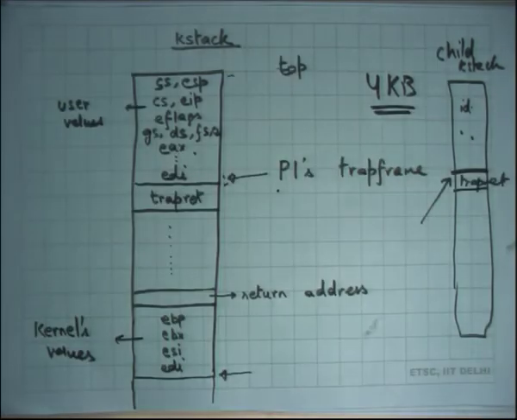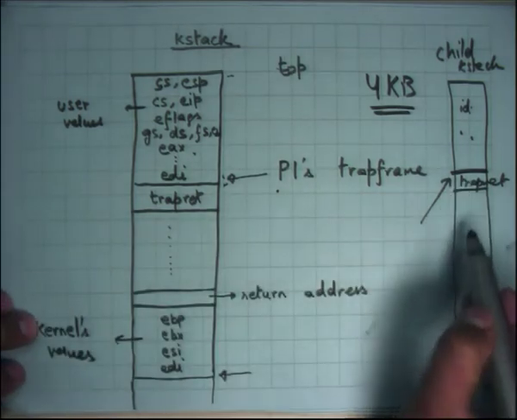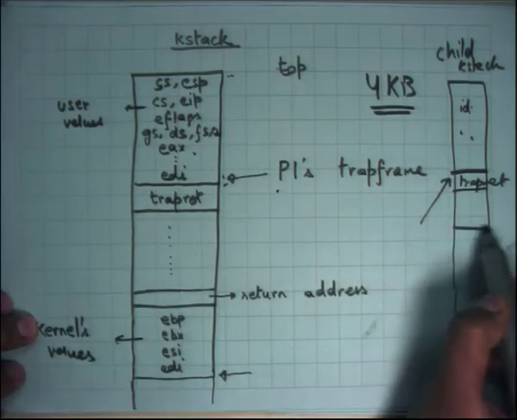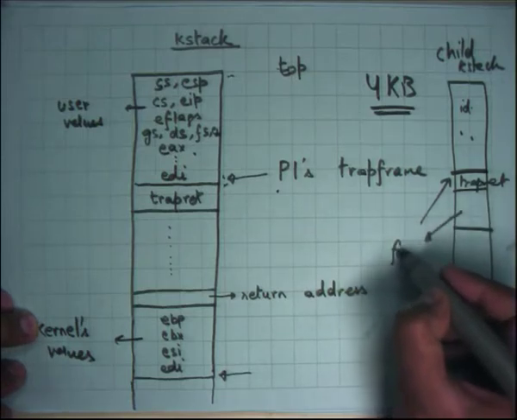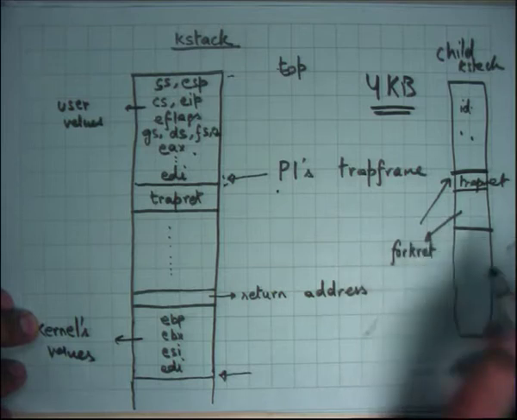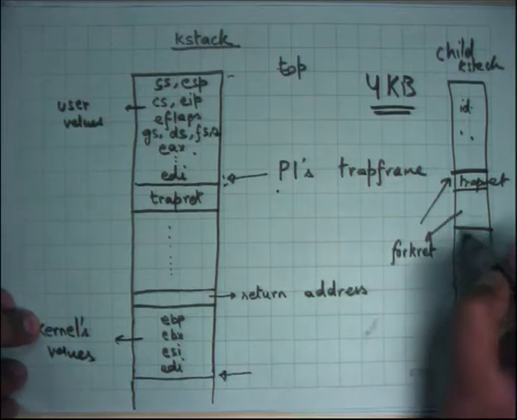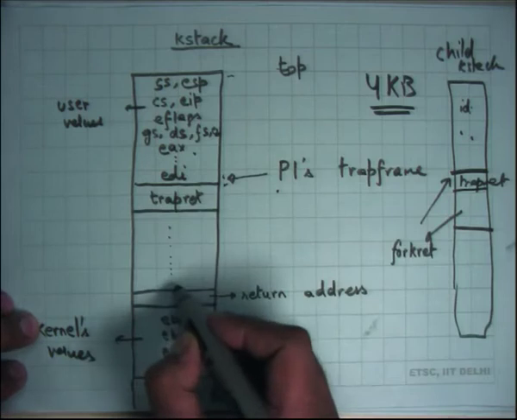it knows that it needs to pop out these values and then return to user mode. So I'll push trapret here, and then I'll push some initialization function, let's say some other return address. On xv6 this is forkret, but let's just say some function. I don't need to save the entire call chain from the parent.